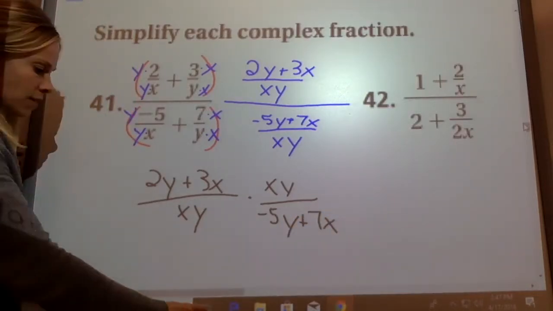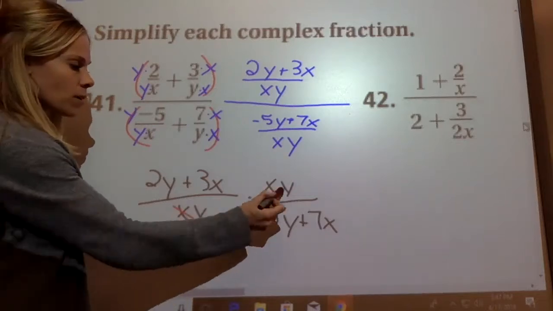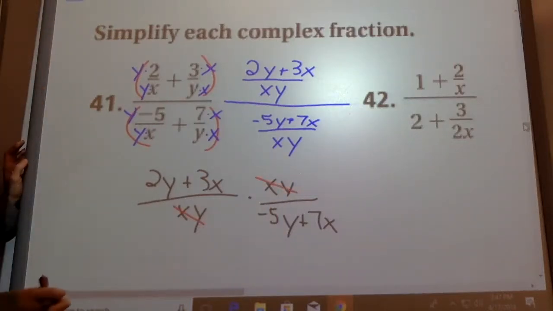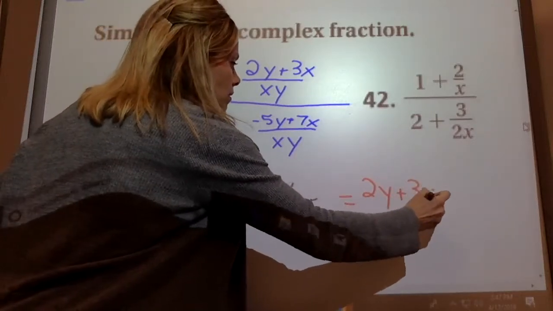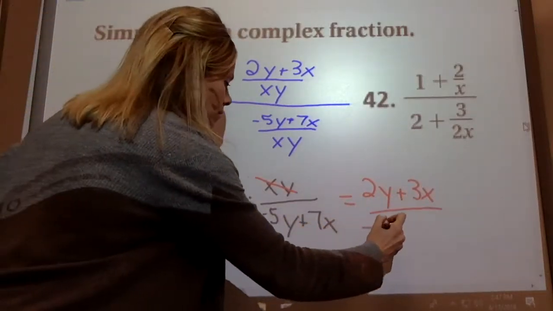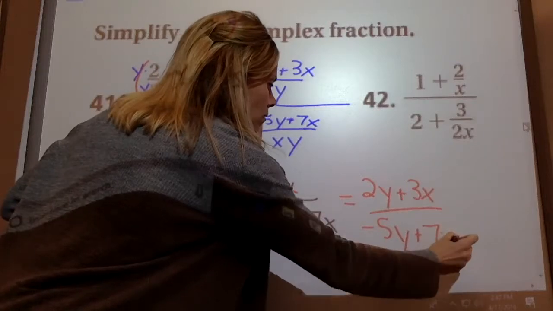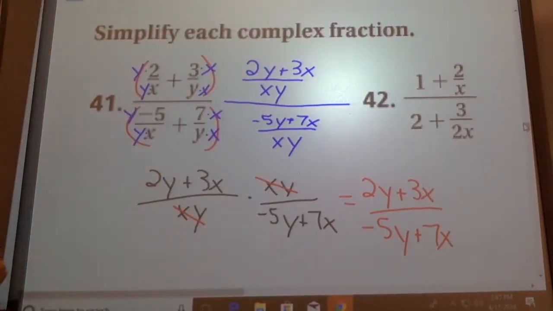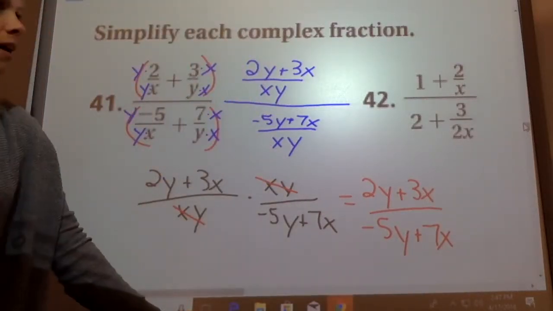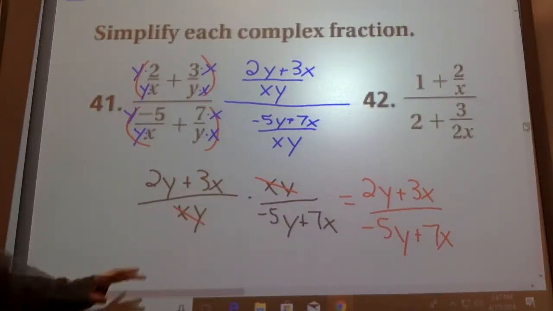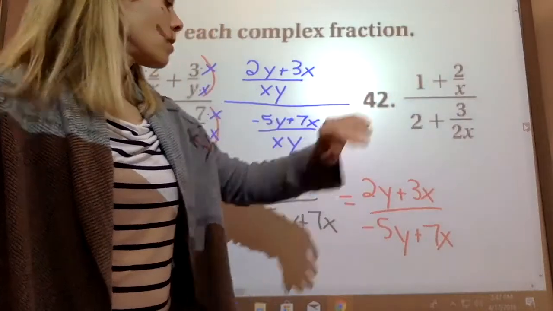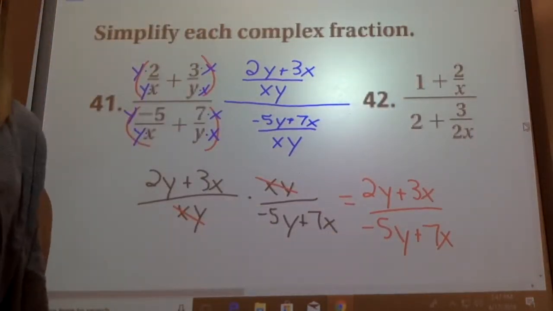The xy is very good. There's one on bottom, there's one on top, so they cancel out. So my answer then would be that. You do not need to define what your variables cannot be on these, right? It doesn't say to define, so that's just your answer, you're done.